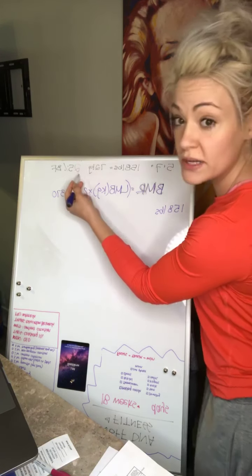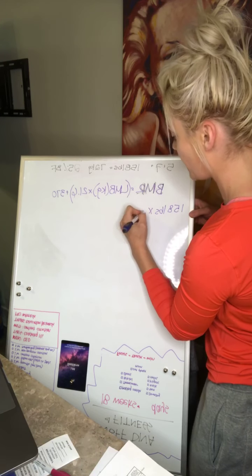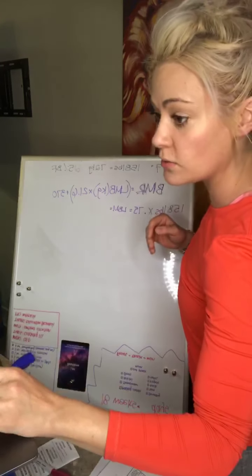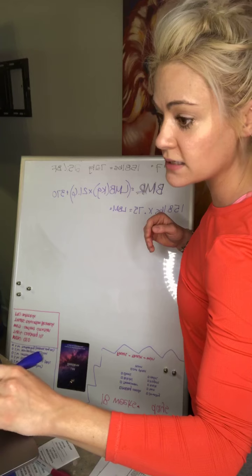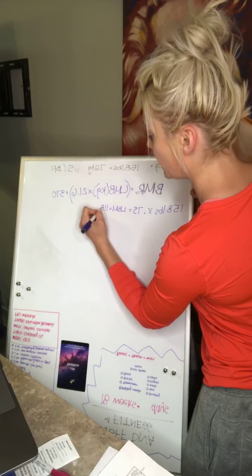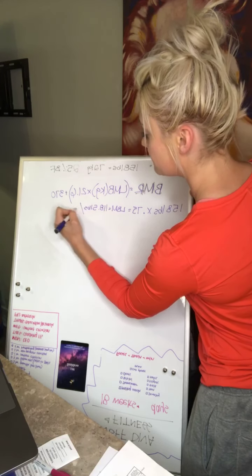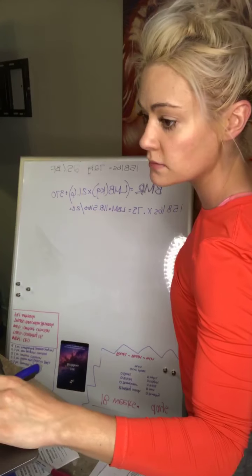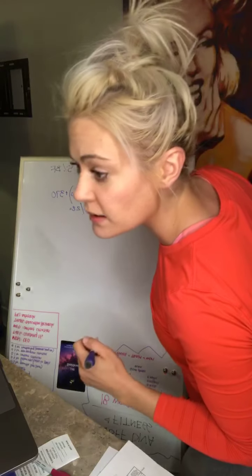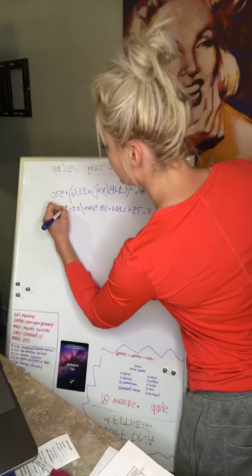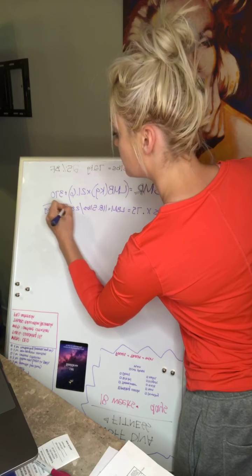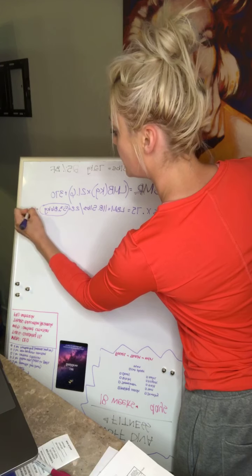At 25% body fat, I multiply by 0.75 to get the lean body mass: 158 times 0.75 equals 118.5 pounds. Divided by 2.2, that equals 53.86 kilograms. That is her lean body mass.